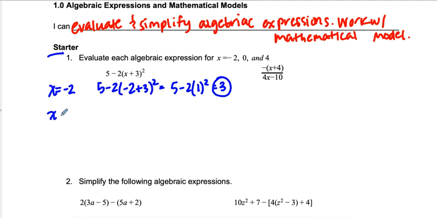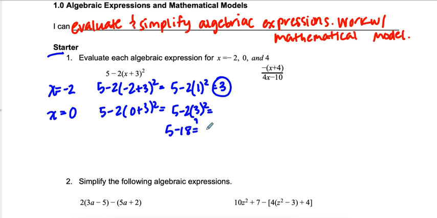Then for x equal to 0, we have 5 minus 2 times (0 plus 3) squared. Following correct order of operations, we will do 3 squared first, which is 9, times 2. We have 5 minus 18, which will leave us with -13. And the last one would be x is 4.